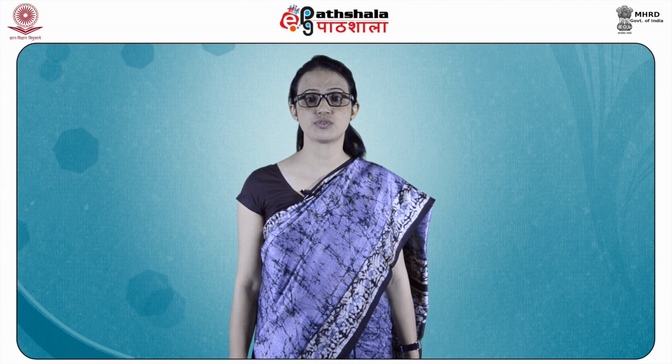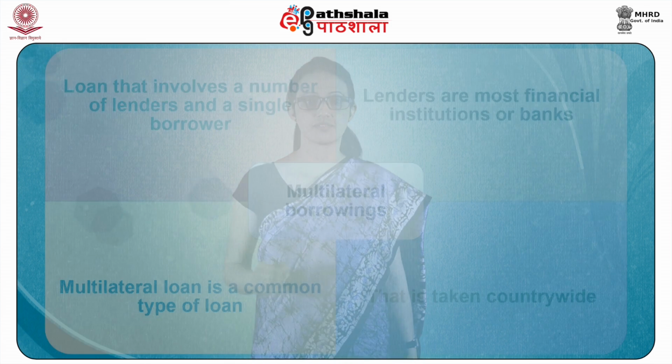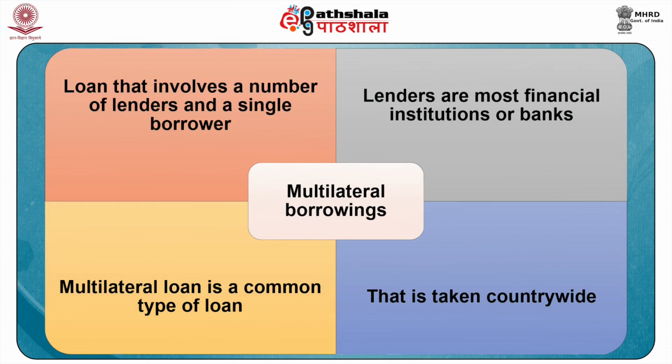The Government of India in the past has raised loans from USA, UK, France, USSR, Japan, etc. The external debt comprises of firstly multilateral borrowings. A multilateral loan is a kind of loan that involves a number of lenders and a single borrower. The lenders are most financial institutions or banks.